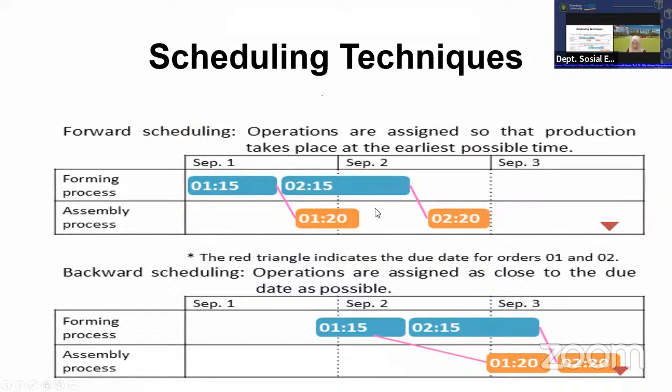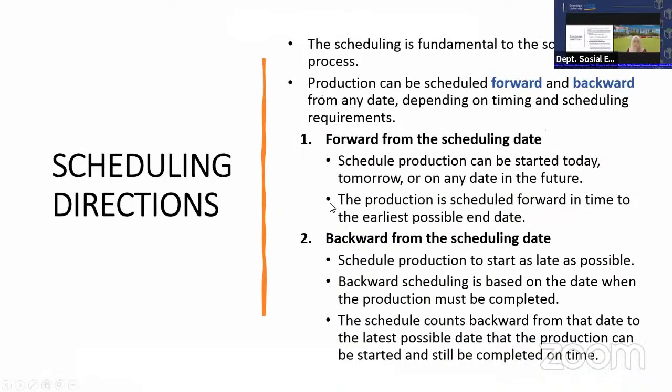Alright, so now the scheduling direction. The scheduling direction is fundamental to the scheduling process. Production can be scheduled, as mentioned, forward or backward from any date depending on timing and scheduling requirements. Again, for forward scheduling, production can be started today or tomorrow or any day in the future.